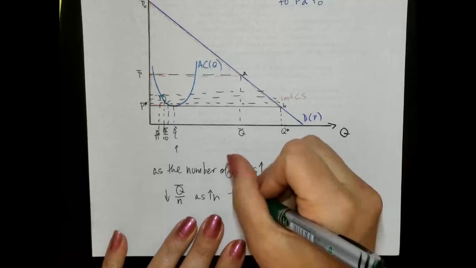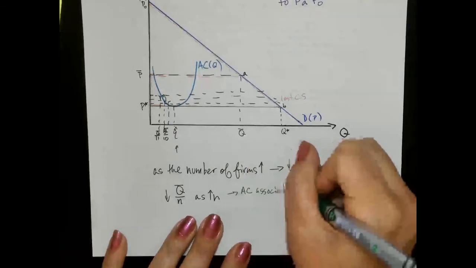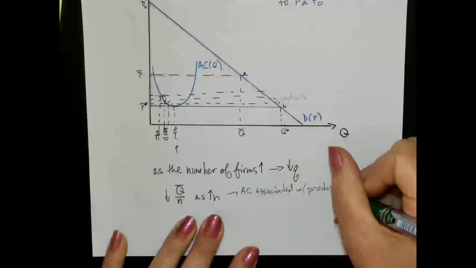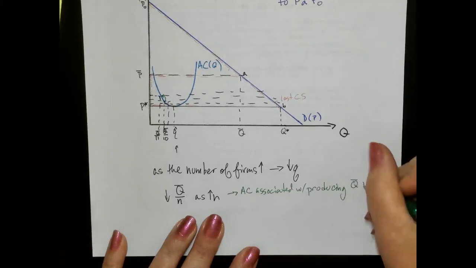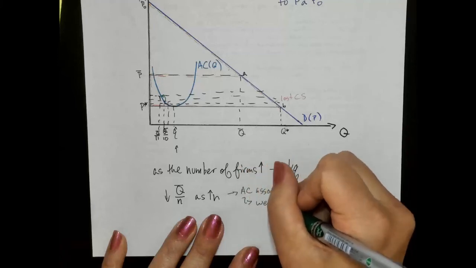So the average cost associated with producing Q bar will increase, and so that's going to result in a welfare loss.